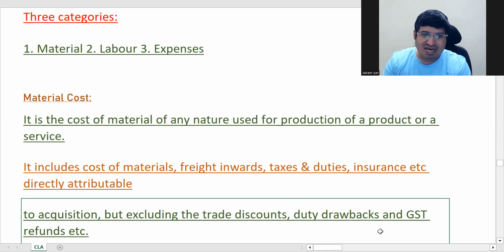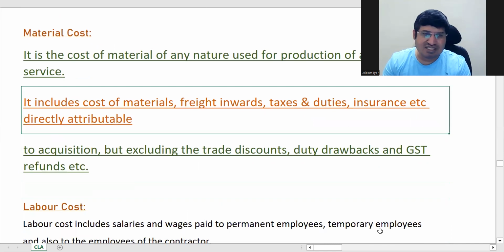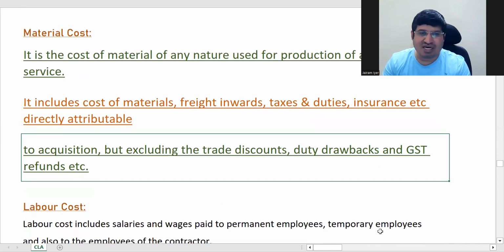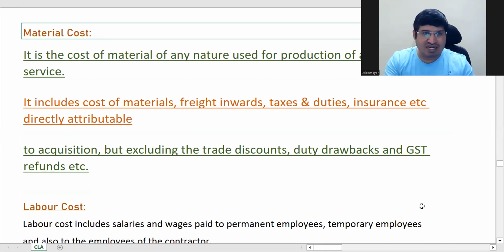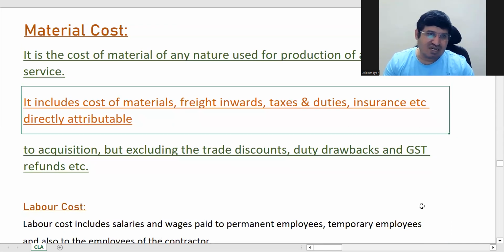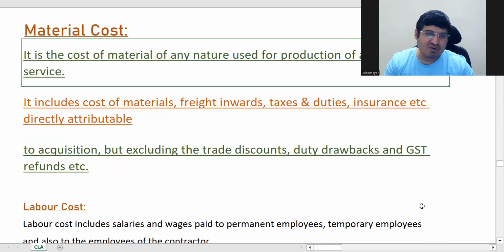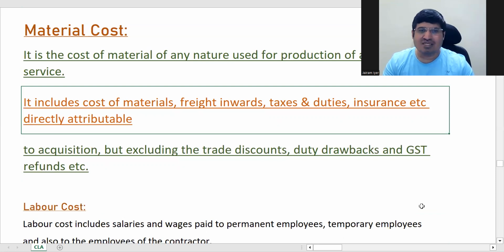And GST refunds, etc. You will exclude these things from material. In general, we compute material by taking all carriage inwards and whatever cost you are spending, and anything which is reducing the cost of material, you have to remove.